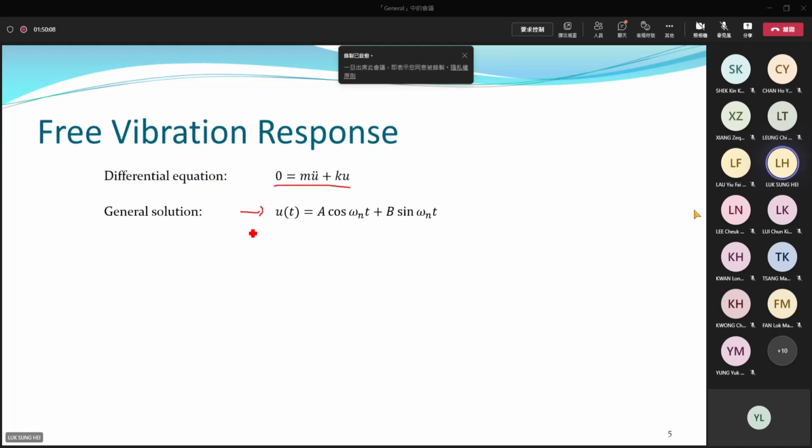The solution is equal to a coefficient A cosine omega t plus another coefficient B sine omega t. This one is obtained from the math textbook. General solutions. What you have to do is just find out the values A and B such that this equation can fit the differential equation.